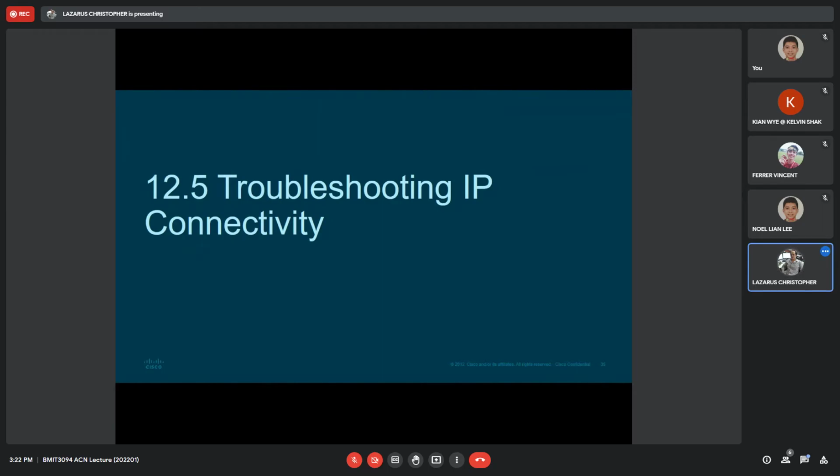It will list out all the hops in between the source and destination hosts, and at the same time give us the reply from each of the hops, the routers.